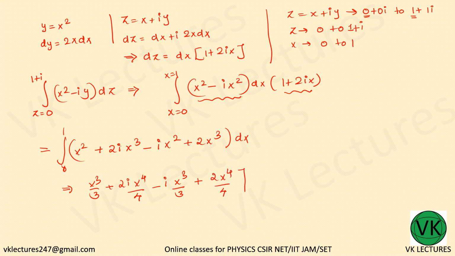Now this all integral with limits from 0 to 1. 0 you need not consider because it's the lower limit, there are no other terms coming which give us a value other than 0. So x cube, so 1 by 3, plus 2i by 4, minus i by 3, plus 2 by 4.